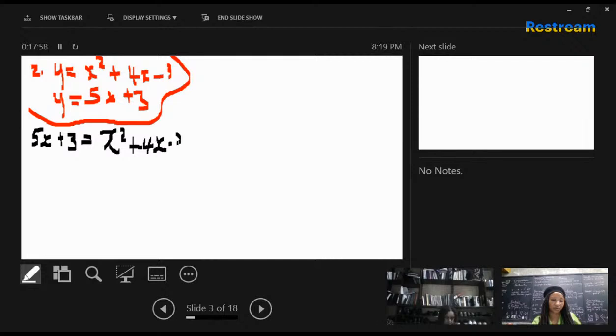After that, we put the x values together. That means negative x squared minus 4x plus 5x is equal to negative 3 minus 3. Let's keep everything on the left since we're going to bring over the whole numbers to the left.